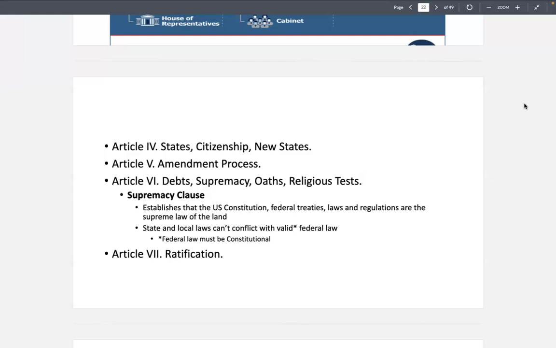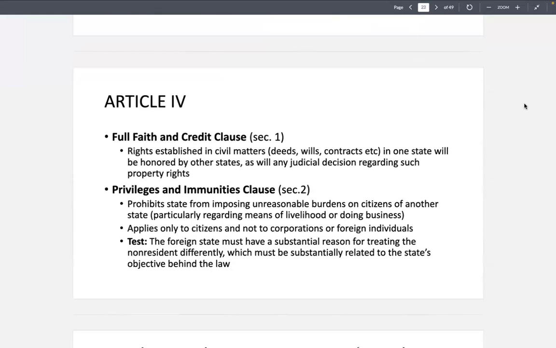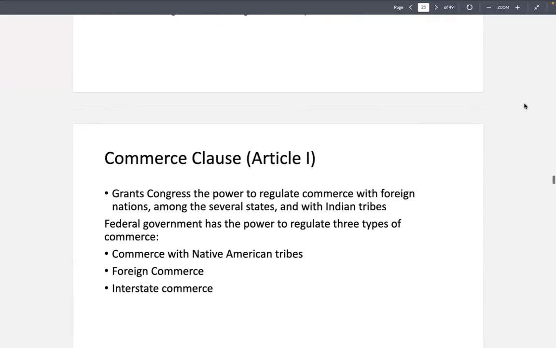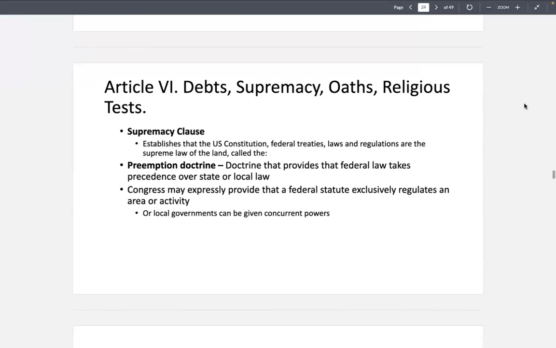Article 6 also contains the religious test clause. So if anybody ever tries to tell you that this was founded as a Christian nation, that is actually not accurate.